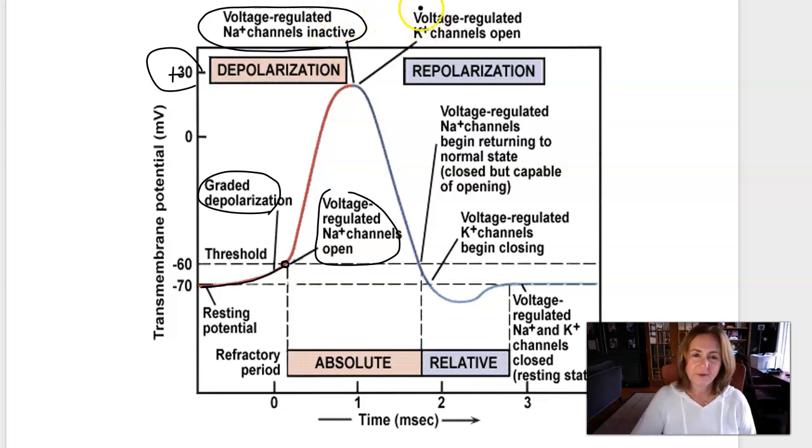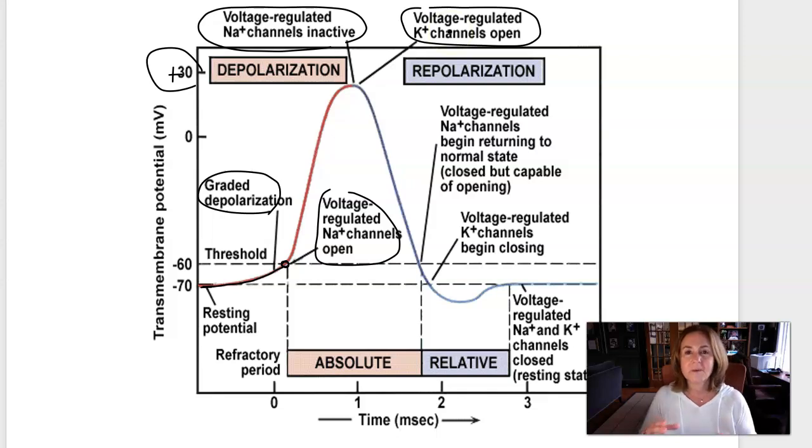But the other thing that happens is this is around the time that the voltage-regulated potassium channels open. So we have both voltage-regulated sodium and potassium channels. The potassium channels just are kind of slower, okay? So when I trip open the voltage-gated sodium channel, it's going to take a millisecond for the potassium channel to catch up. But when the voltage-gated potassium channel opens, there's a very different story of what will happen, right?